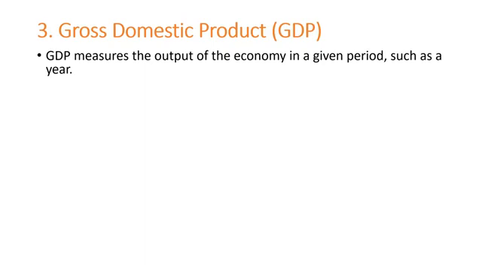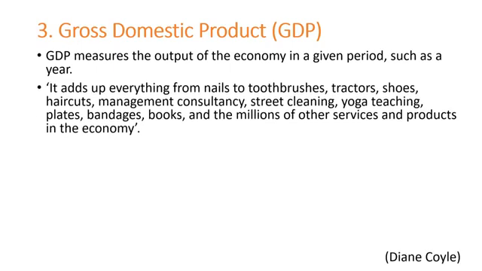Daniel Coyle, an economist, says that GDP adds up everything from nails to toothbrushes, tractors, shoes, haircuts, management consultancy, street cleaning, yoga teaching, plates, bandages, books, and millions of other services and products in the economy.